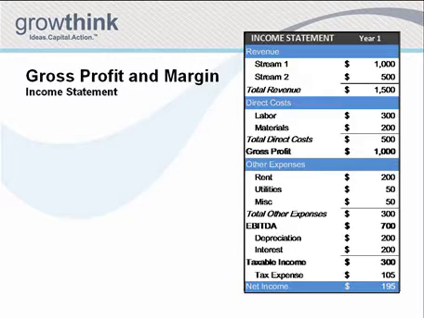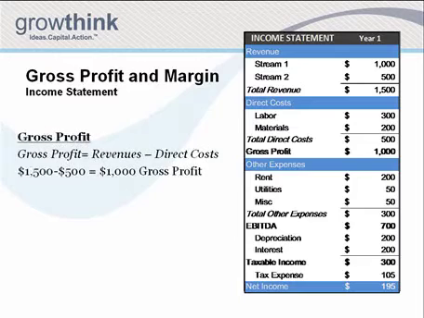Working on the right in the income statement image, we take our revenue, we subtract our direct costs, and we get to our gross profit and our gross margin. In this example, we generated $1,500 in revenue. Our direct costs were $500, $300 of labor and $200 of materials.